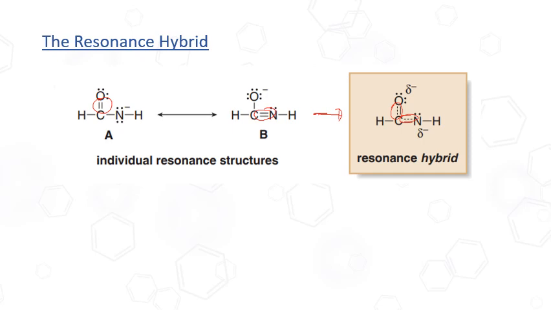So you're reverting from C double bond O to C double bond N structures, and this is your resonance hybrid. Also, because your electrons are delocalized or distributed, your fixed negative charges become partial negative charges, which means the impact of the charge is now distributed, and which makes this a more stable structure.